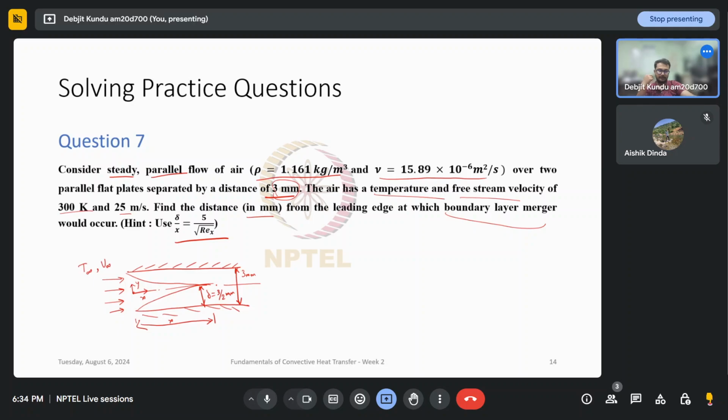There's no hurry, take your time. So this equation has to be used. This is the main equation that relates delta to x. We have found out what delta should be. We just need to find out at what x that delta is achieved.